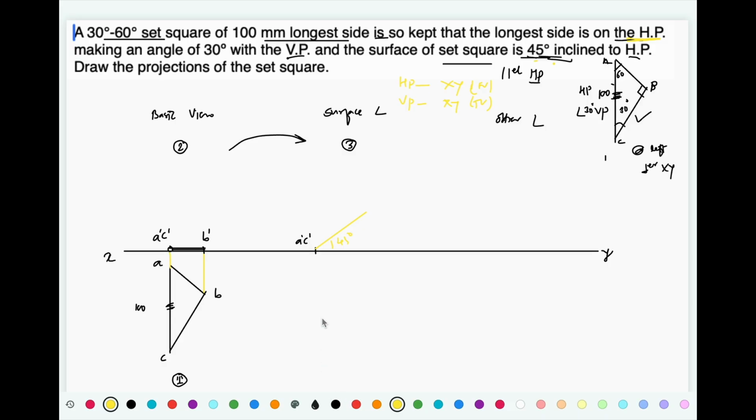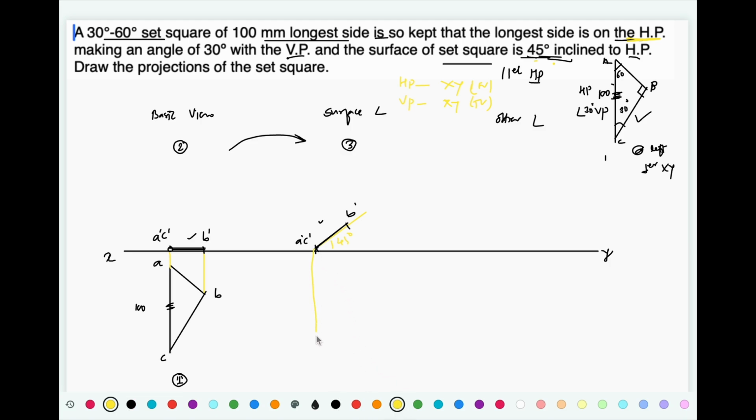And once you have drawn that 45 degree line, take the length of this front view from step number 2, mark this point B dash, and this is going to be the second front view. The dimensions of this front view and the front view in the second step are to be exactly identical.